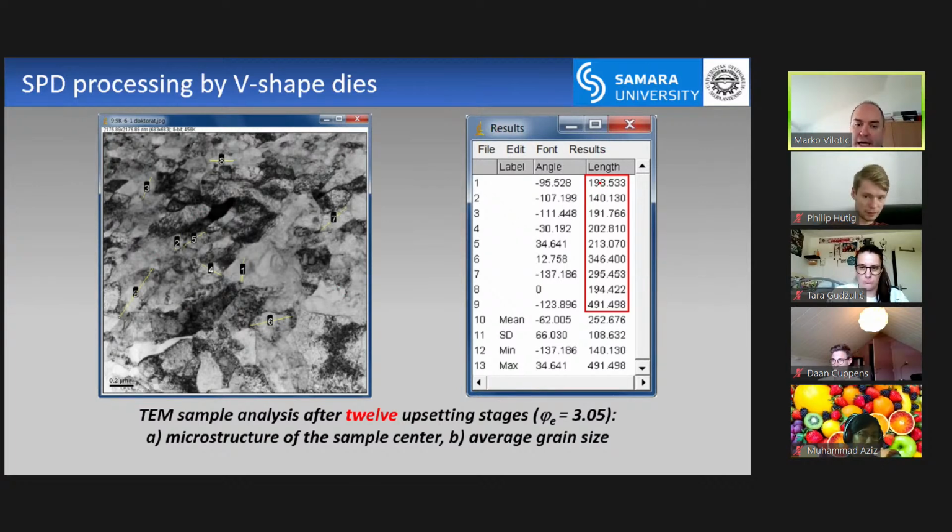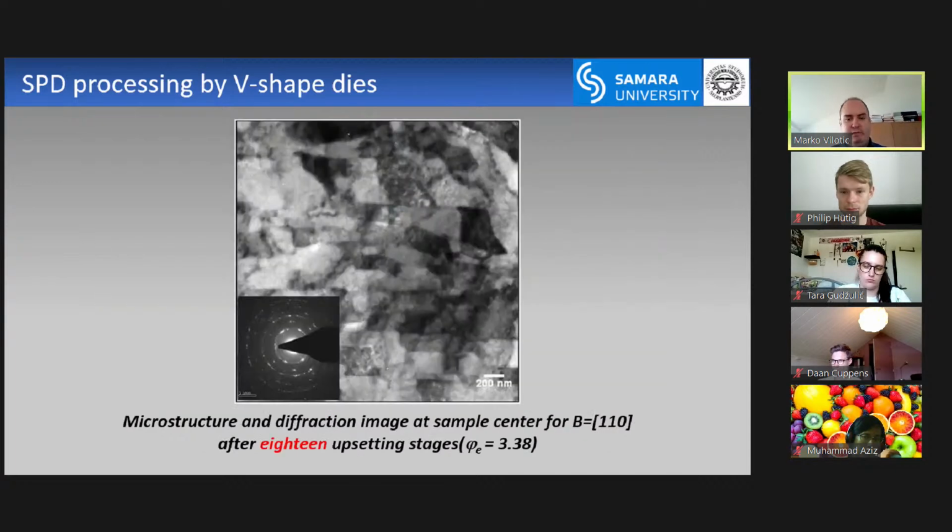I measured the grain sizes, and the highest value is 491 nanometers and the smallest is 140, and the average grain size is 252 nanometers. The initial grain size is 19 micrometers. So this processing is a success in terms of grain refinement.